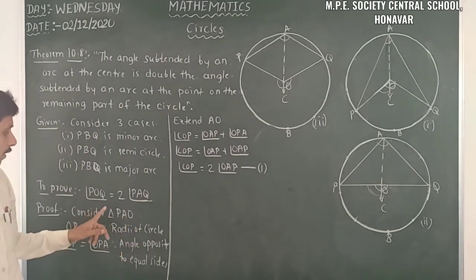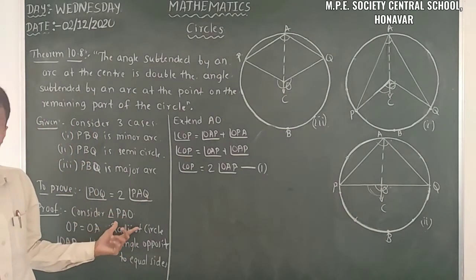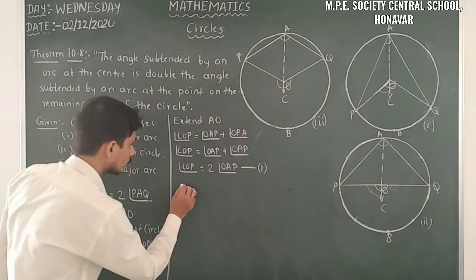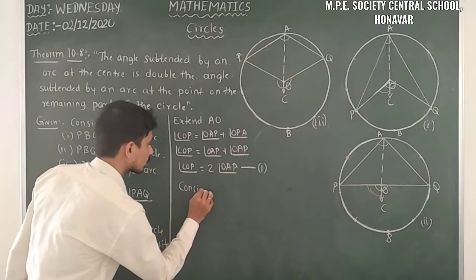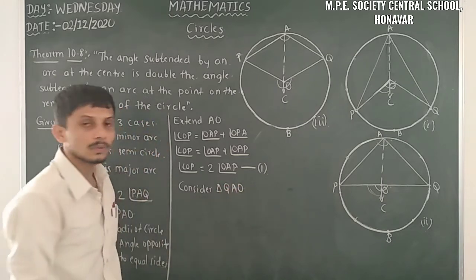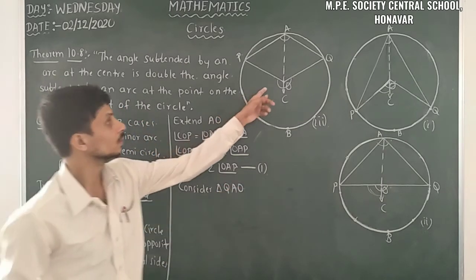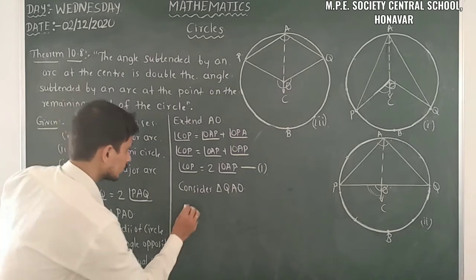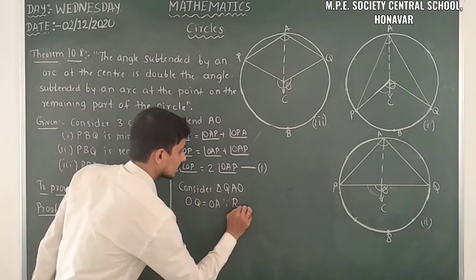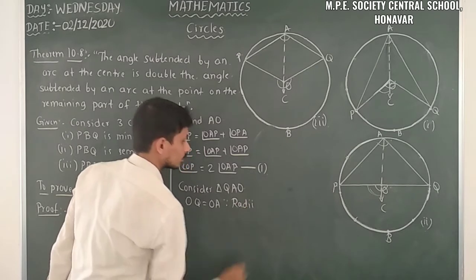Here we considered triangle PAO. Simultaneously we have to consider triangle QAO. In that, what are the radii of the circle here? OQ and OA. That is, OQ is equal to OA, the radius.